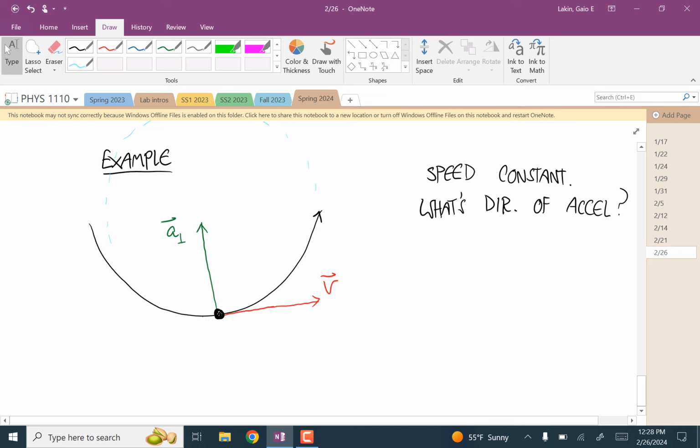Well, the total acceleration is A parallel plus A perpendicular. But in this case, A parallel is 0. And so the total acceleration then is just equal to A perpendicular. So if you have something that's turning but not changing speed, the acceleration has to be perpendicular to the velocity like this.